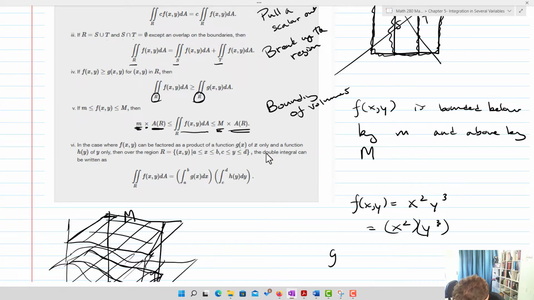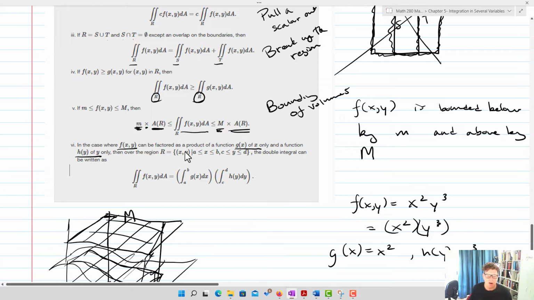And so we would say that g of x equals x squared and h of y equals y cubed. That's an instance where we can factor f of xy into a product of functions of x only and y only.